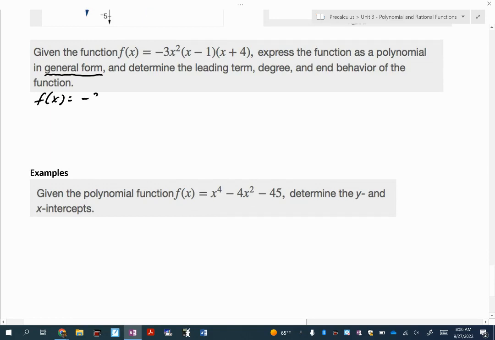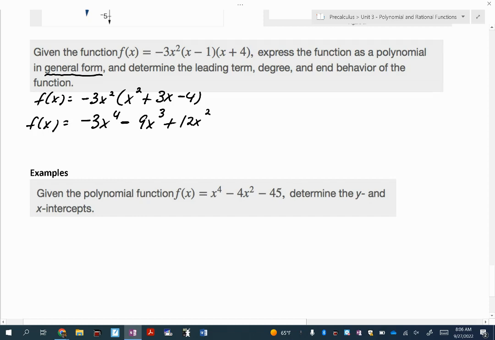So I have negative 3x squared times, if I distribute, x times x, I get x squared. x times 4 is 4x, minus 1x gives me positive 3x, and then minus 4. Now I'll distribute that negative 3x squared to get negative 3x to the 4th power, minus 9x cubed plus 12x squared.